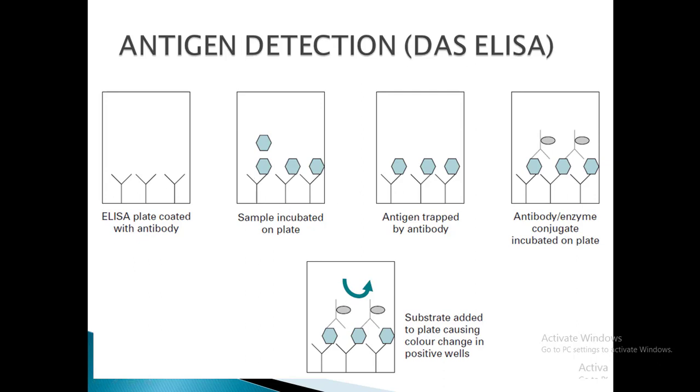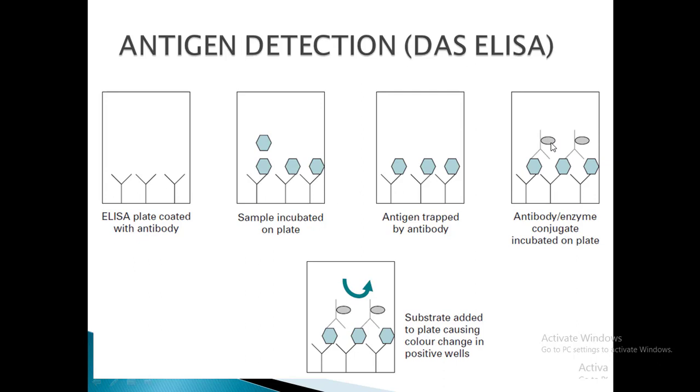In each step there will be washing to remove free or unbound antigen. So now the antigen of interest, they are trapped by antibody. Now again we'll apply a second antibody which is conjugated with enzyme. So the antigen will be sandwiched between a coated antibody and conjugated antibody and it is now immobilized.